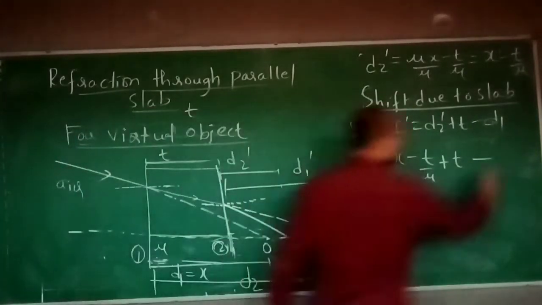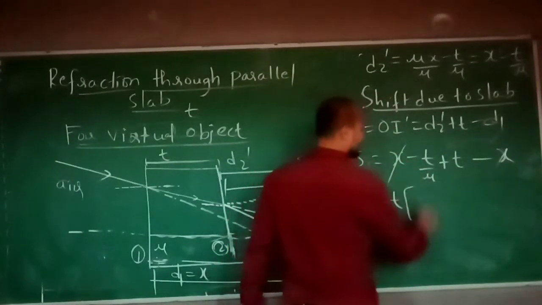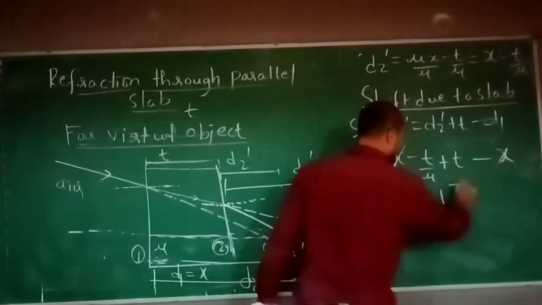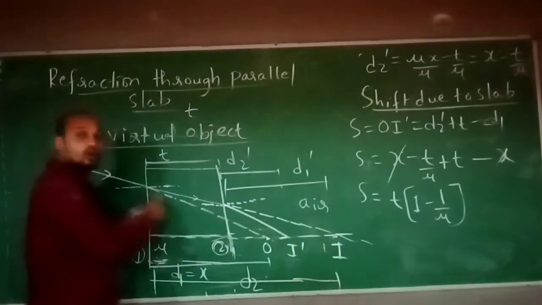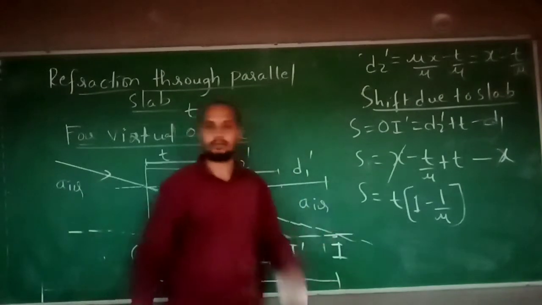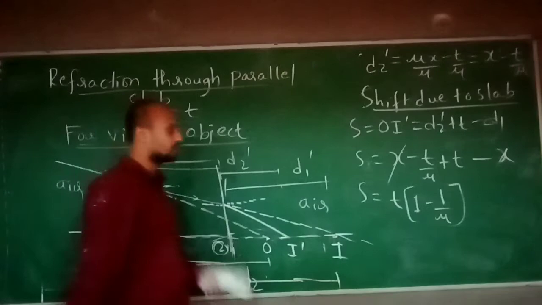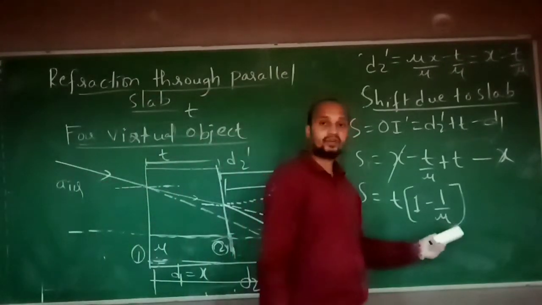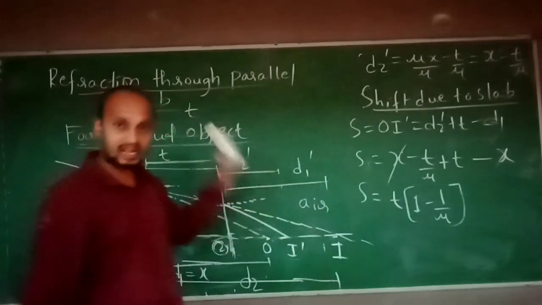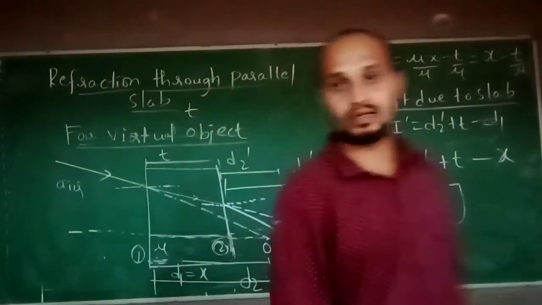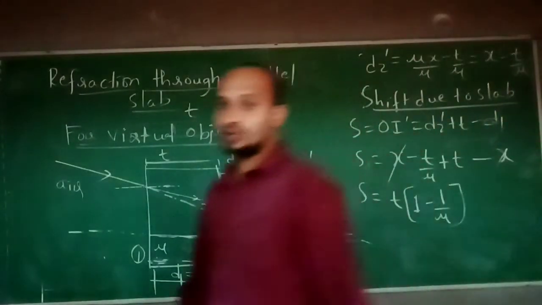D1 is x. So x gets cancelled. Again the shift will be T into 1 minus 1 by mu, where mu is the refractive index of this glass slab with respect to observer. With respect to observer, this is a very important point. The refractive index of the glass slab with respect to observer, where the observer is staying, in that medium I am comparing. Are you understanding this? Why that will happen, later you will understand once I take the example.